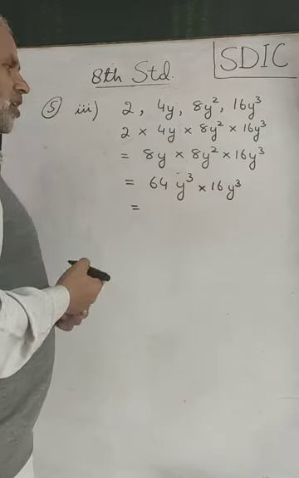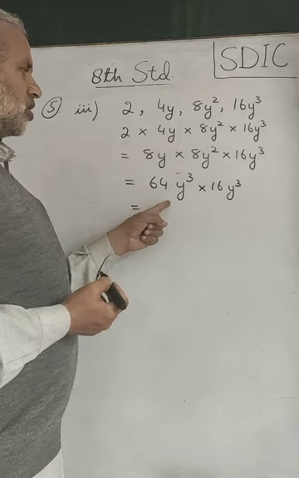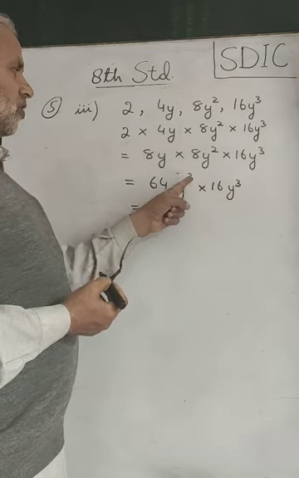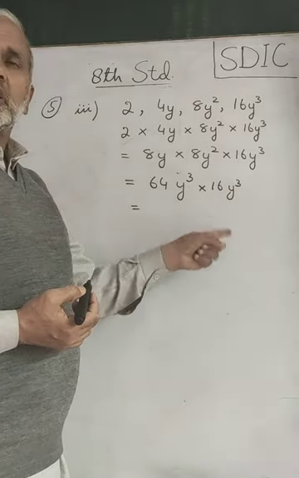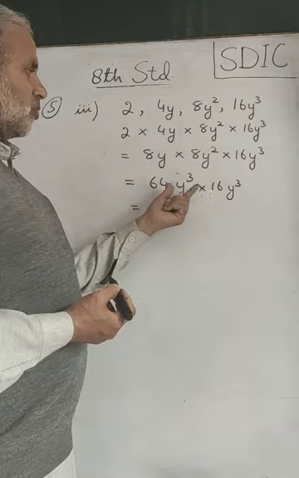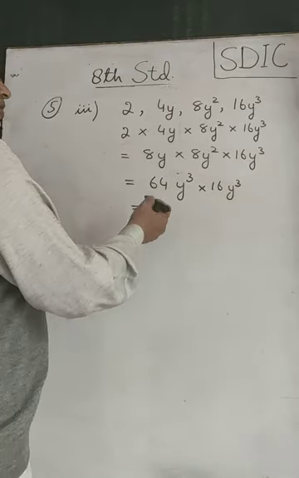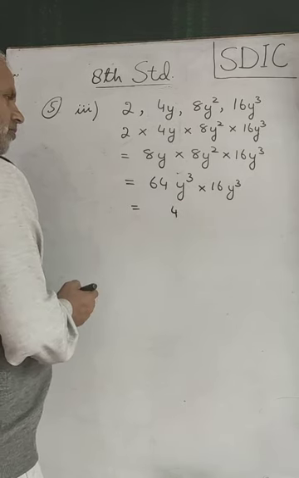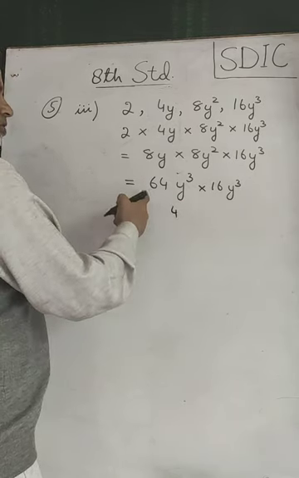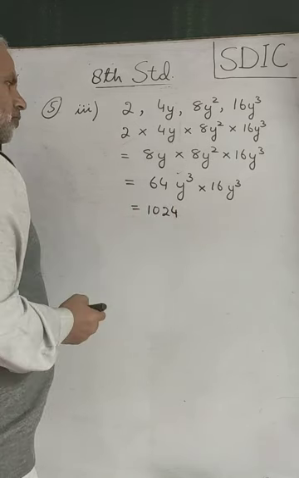Then finally multiply these 2 monomials. 64 coefficient, 16 coefficient will be multiplied. Variable part y cube will be multiplied. Bases are same, powers are added. Law will be used. Let us first multiply the coefficients. 64 by 16. The product will be 1024.